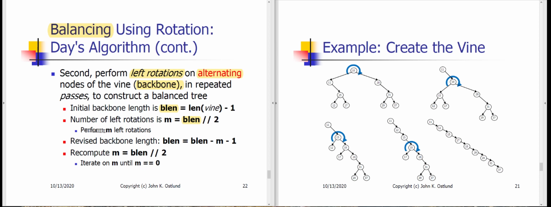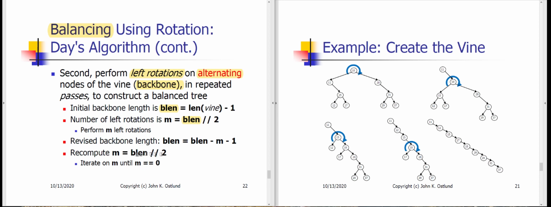Now, we're going to do those M left rotations, stepping down at alternate nodes in the vine. When we're done, we're going to reduce the length of the remaining backbone by the M rotations that we did, and then another 1 to make sure that we don't push things too far to the left.